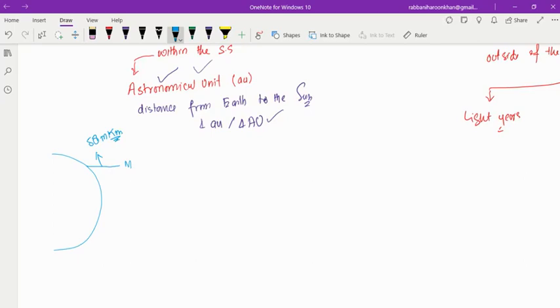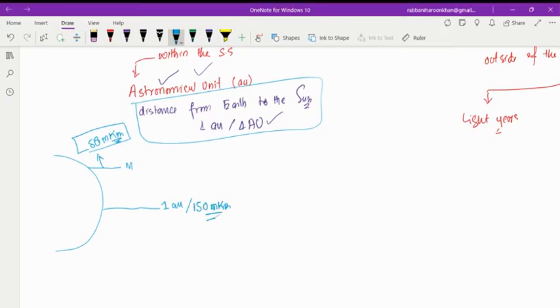Now we don't know the distance in astronomical unit, but we know the distance between Earth and Sun in million kilometers as well as in astronomical unit. As we have defined here, it is 1 astronomical unit, 1 AU, and in kilometers it is 150 million kilometers, right?